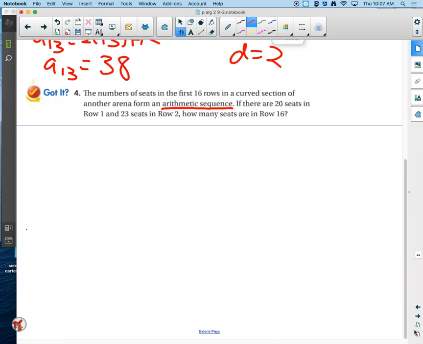Yeah, let's get the formula written down so we can start thinking, hey, these are the ones I have to replace. What do I replace and with what? D is a 3. This was 20 seats and this is 23, and it's row 1 and row 2, so they're one right after another. What else do I replace and what should I use? A sub 1 is 20.